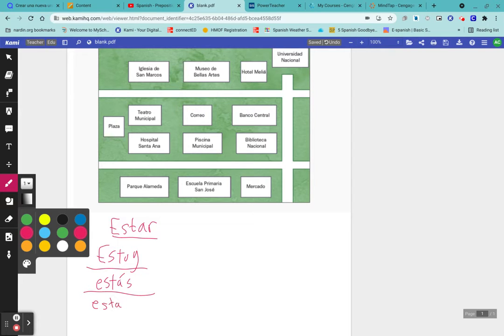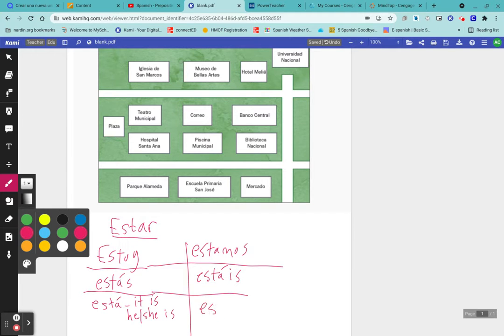So if you're saying ¿Dónde está la casa?, that would be it is, or he or she is. Again, locations or conditions, like ella está bien, she's good, or la casa está lejos del parque, the house is far from the park. We have estamos, we are, estáis, y'all are from Spain, and then están, like ellos están, they are.